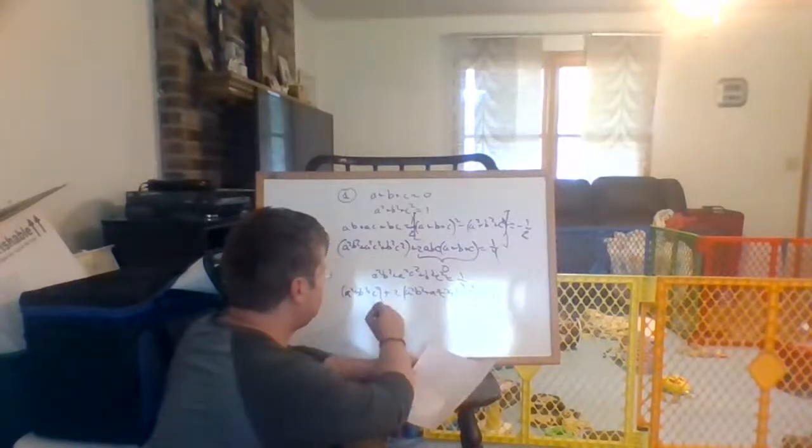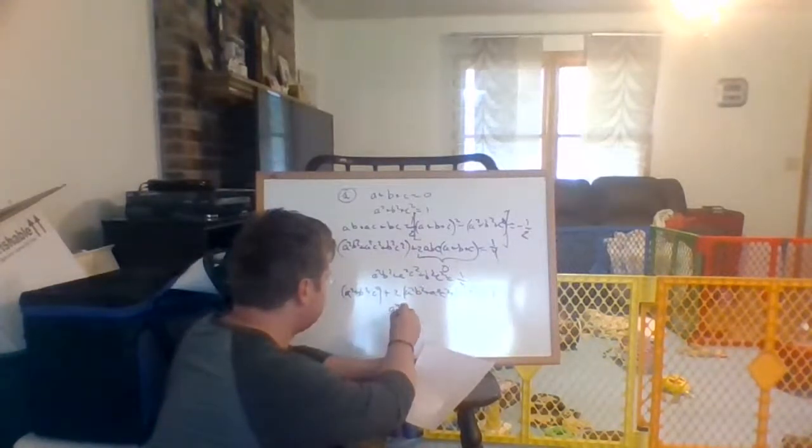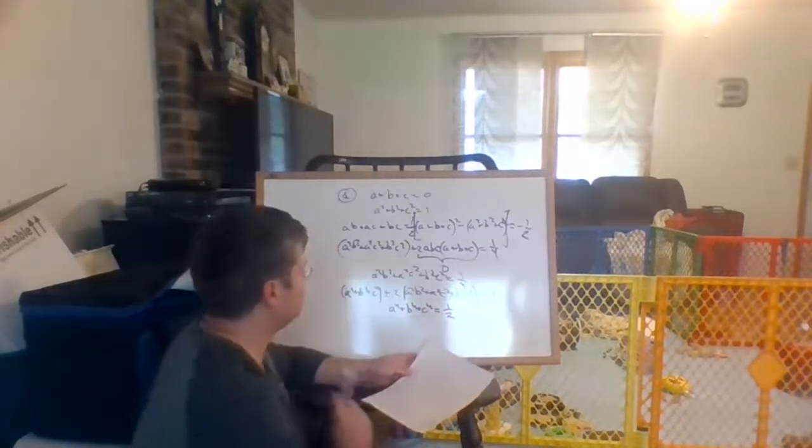Therefore, this is 1/4. So therefore, we solve for a to the 4th plus b to the 4th plus c to the 4th equals 1/2.